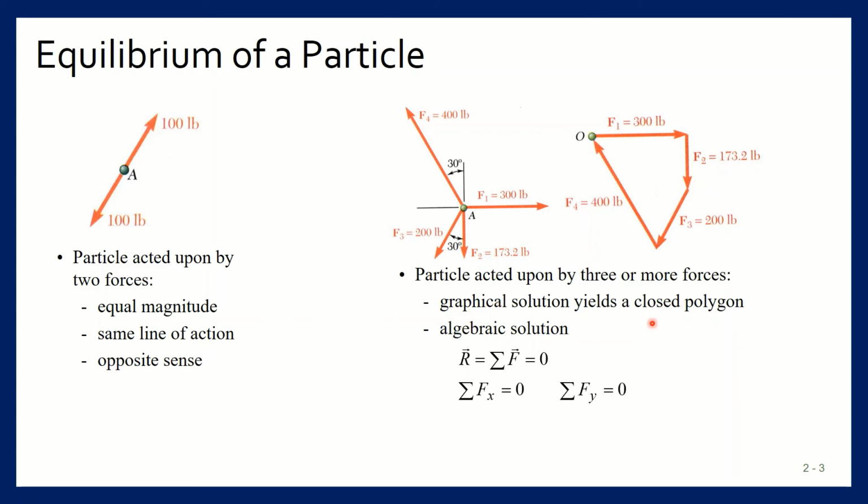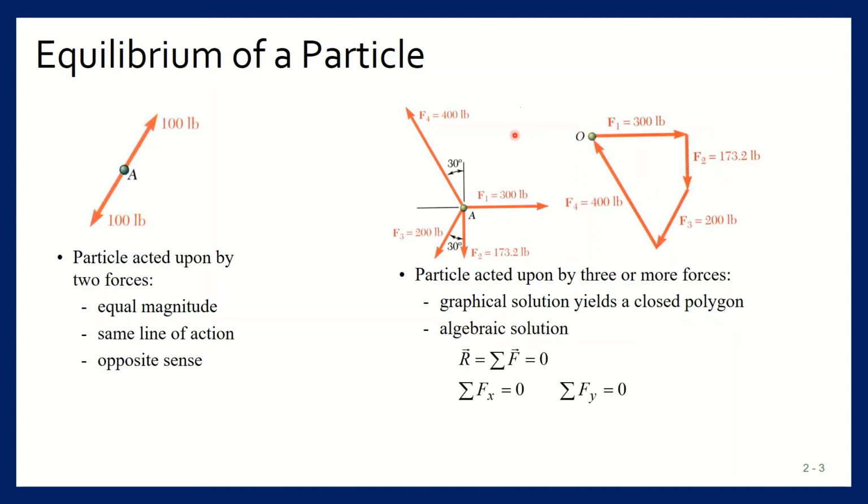So when you are using a graphical solution, suppose this is F1. I have drawn F1 like this, and from the tip of F1 I have drawn F2, and from the tip of F2 I have drawn F3 like this, and F4 like this. So in case of a particle in equilibrium, the resultant should be zero.